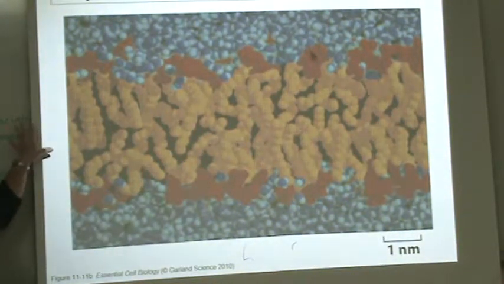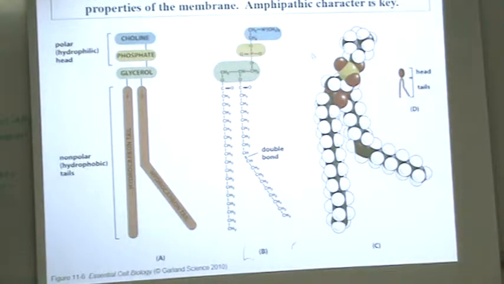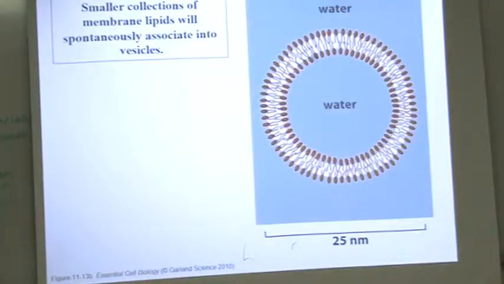That fact and the fact that membrane lipids are amphipathic is really, really good for cells for two different reasons. The first reason is that if you put phospholipids in water, you do not have to do anything special to get them to form a lipid bilayer.